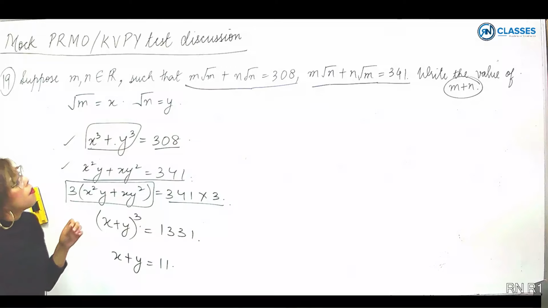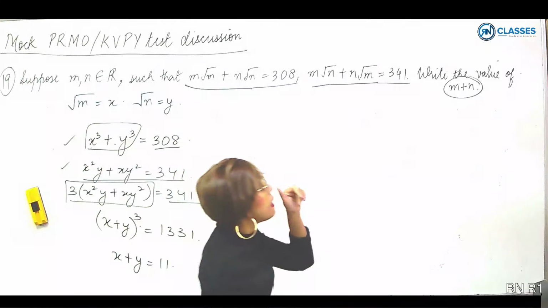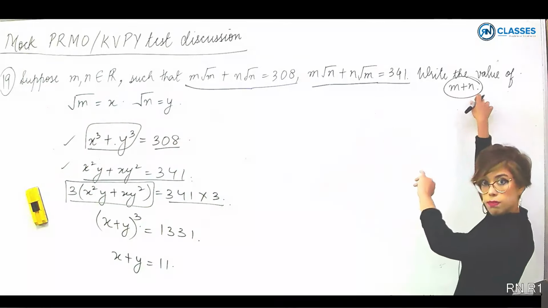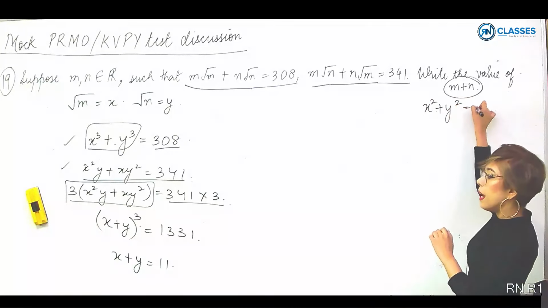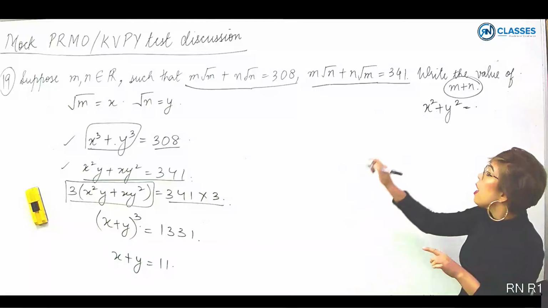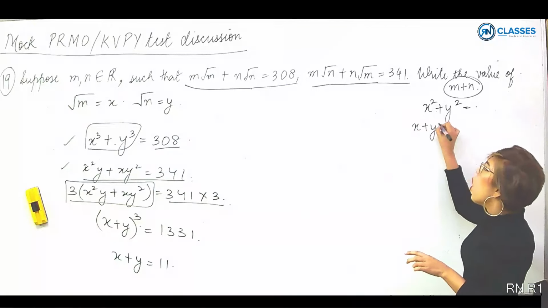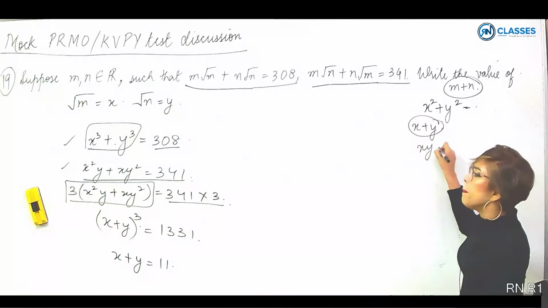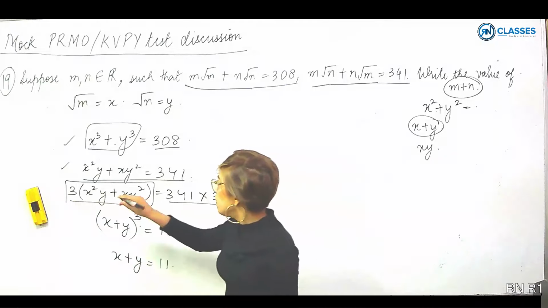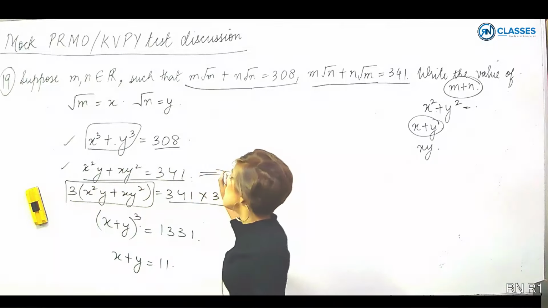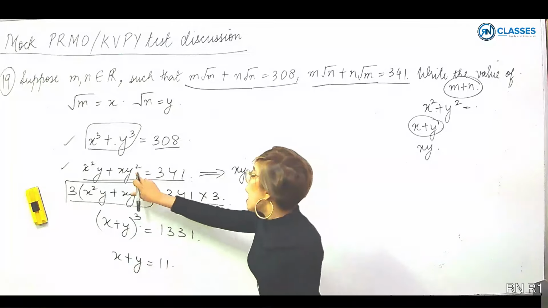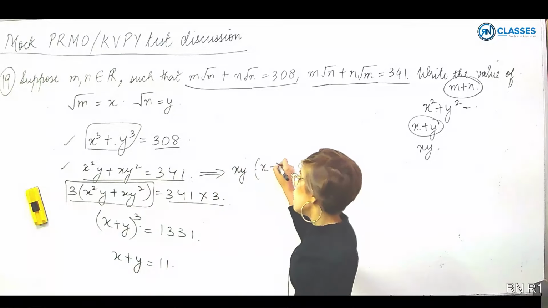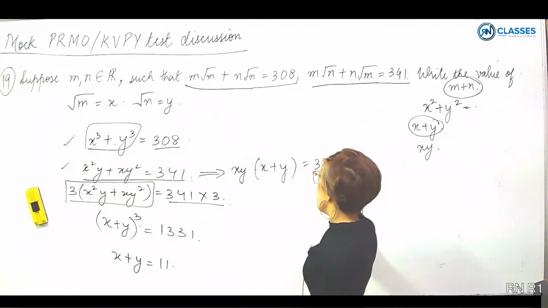Now, let me see. I need to find the value of m plus n. So, let me just replace it. Basically, I want x square plus y square. With regard to that, I already know x plus y. That means all I need to do is find the value of xy. How do I do that? Wait a second. What I can do is take xy common from here, and I will be left with x plus y, which is equal to 341.